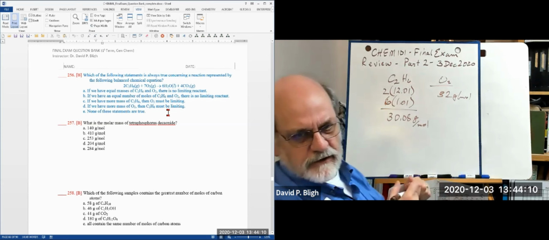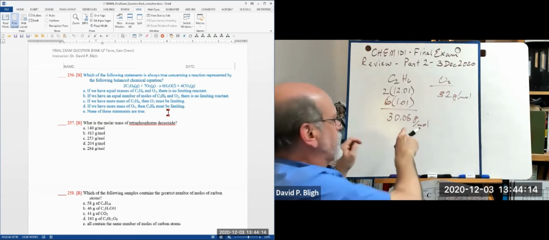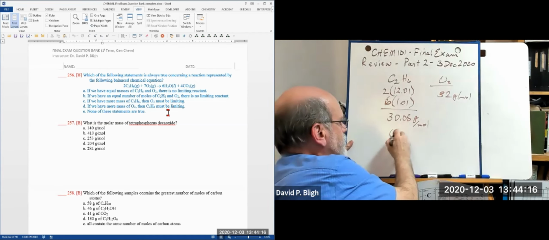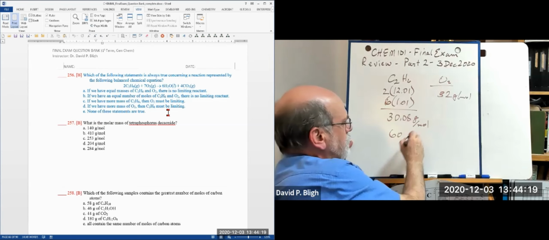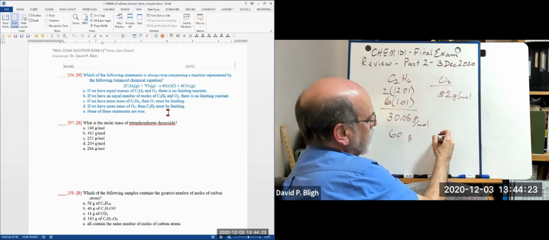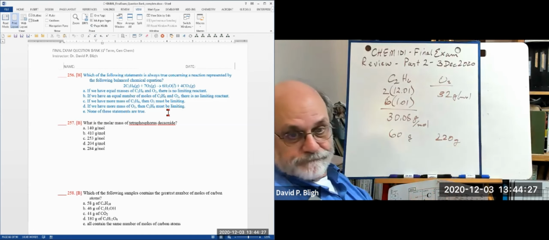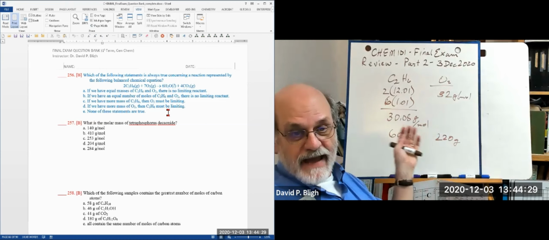Let's see what that means. If we have 2 moles of this, we're going to have 60 grams. If we have 7 moles of that, we're going to have about 220 grams. Okay, now we can say something about the mass.